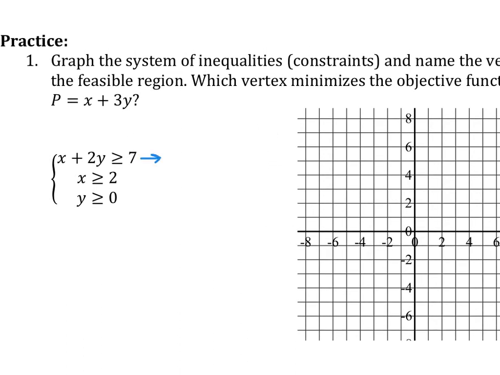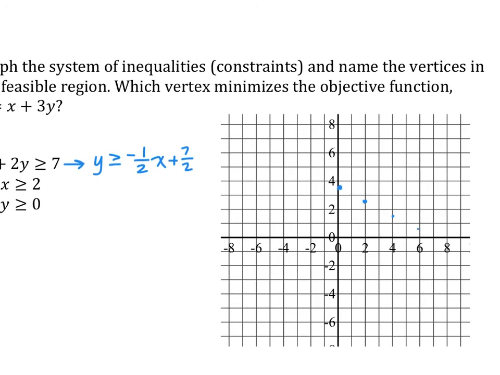If we were to solve for this equation in y equals mx plus b form, we would get y is greater than or equal to negative 1/2 x plus 7/2. So I'm sorry, I said 3/2 right here. And it goes down 1 over 2, down 1 over 2. And then we draw a straight line through.